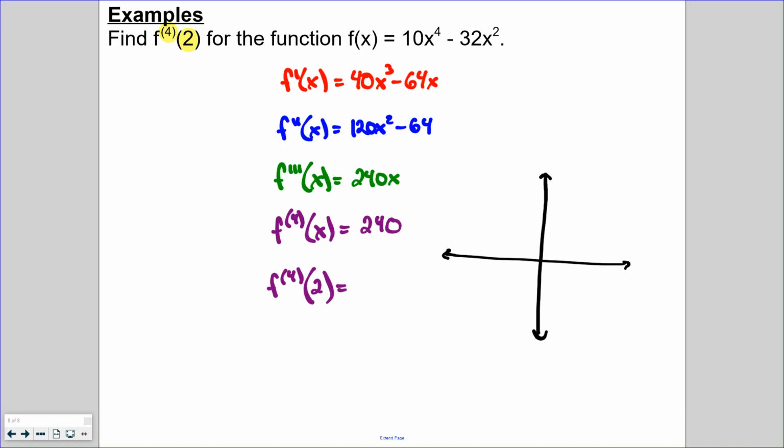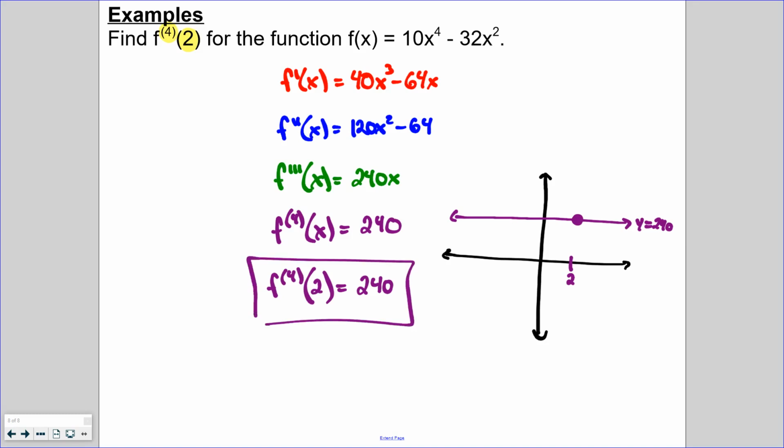And 240 is a constant function, which means it doesn't matter what our input is, the output is always going to be 240. So the fourth derivative of 2 is going to be 240. The fourth derivative of 17 would also be 240, and the fourth derivative of negative 4,762 would also be 240, but that's not what the question asks.